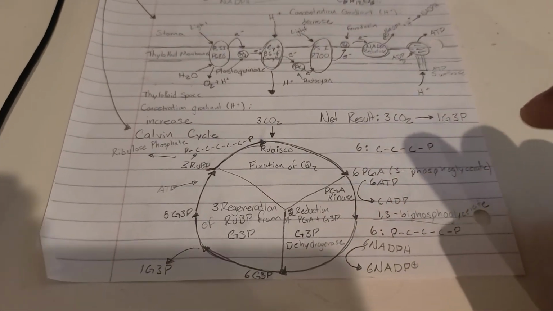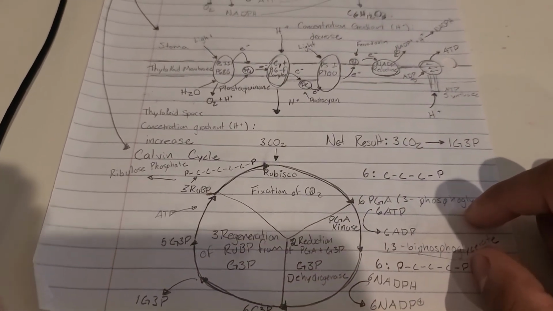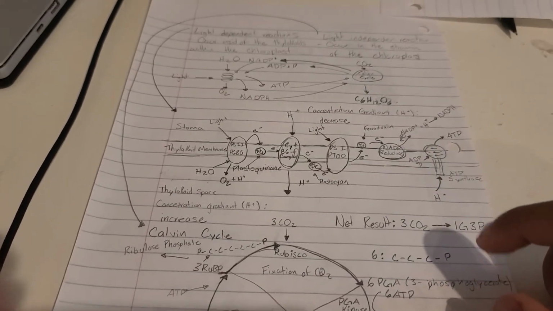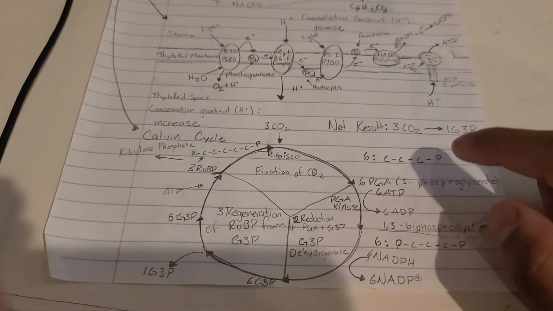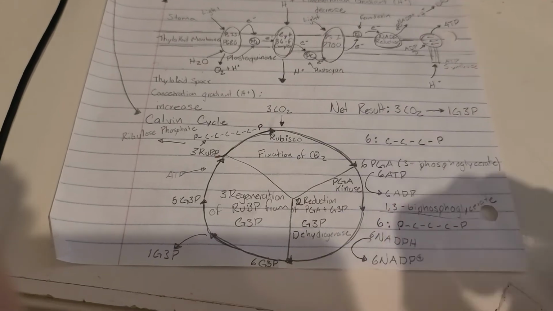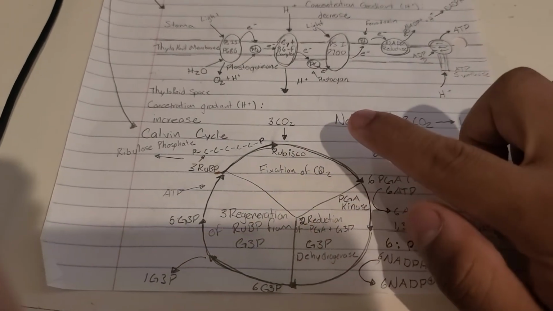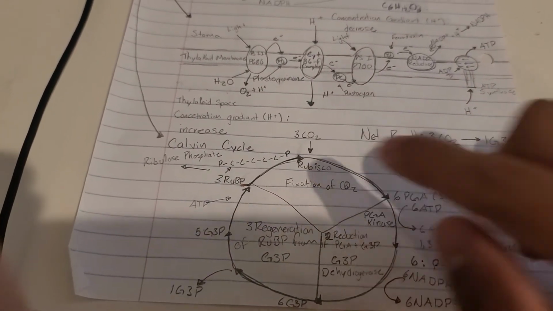Now, for the light independent reactions, which is the Calvin cycle, we will use our carbon dioxide molecules.